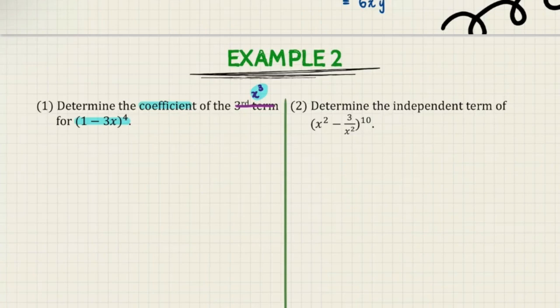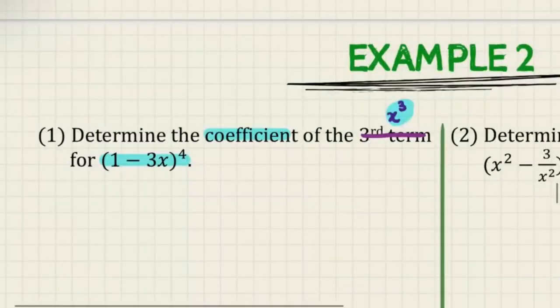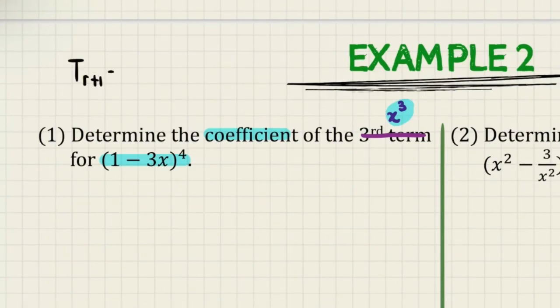Okay, so kita nak tahu coefficient. Coefficient ni apa? Coefficient adalah perkali kepada x cube, dia tidak akan termasuk x cube. So now using the formula of T of r plus 1 equals to nCr a to the power of n minus r, b to the power of r.